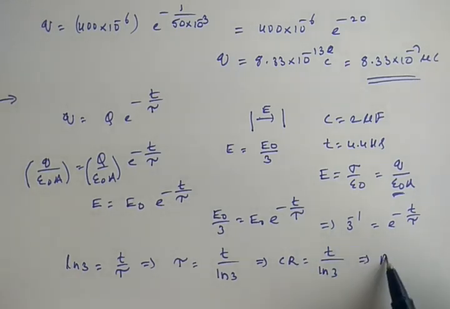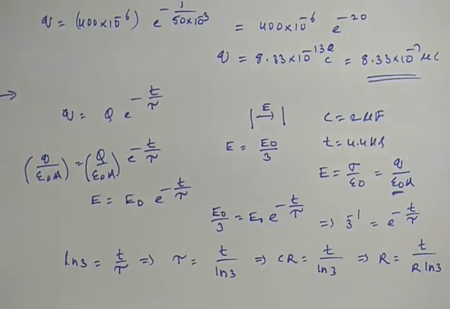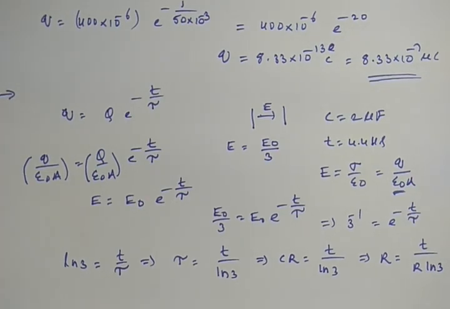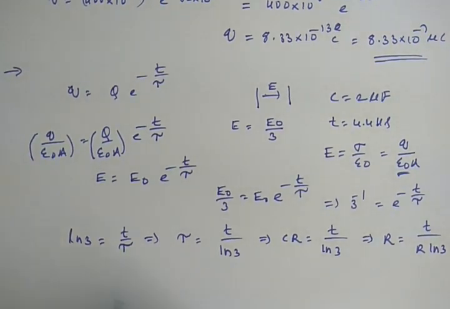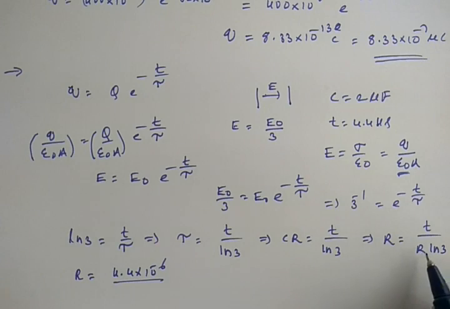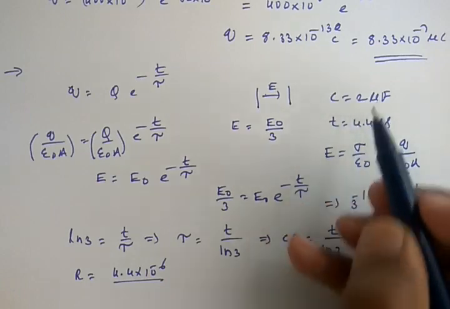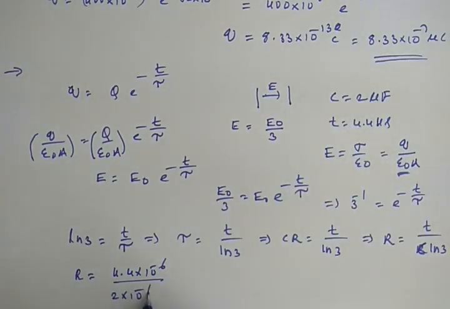Then we need to find the resistance of the wire. Then it is R equals t by C log 3. So now R equals, t is 4.4 microsecond, divided by C, the capacitance of the capacitor, which is given as 2 microfarad, 2 into 10 power minus 6 into log 3, and the log 3 value is roughly 1.1.